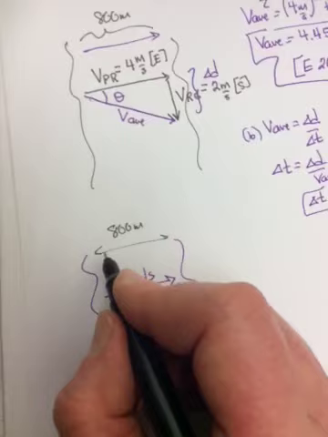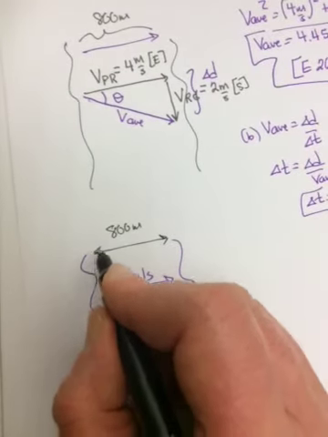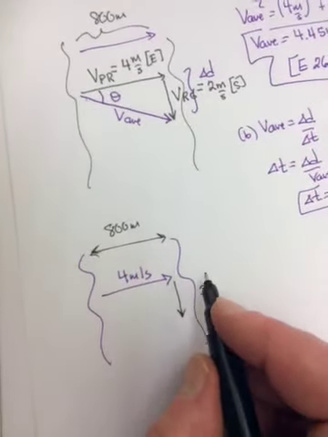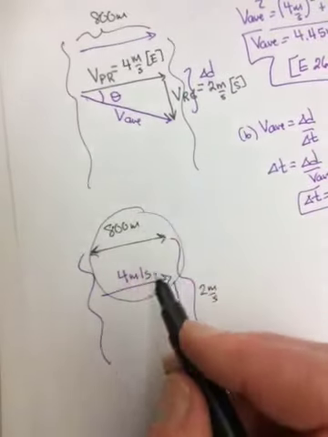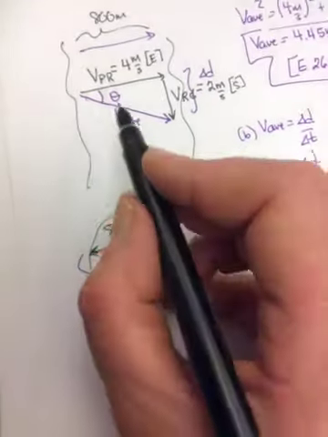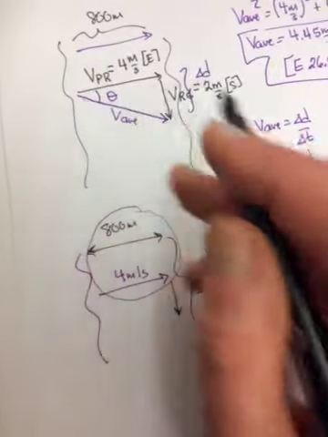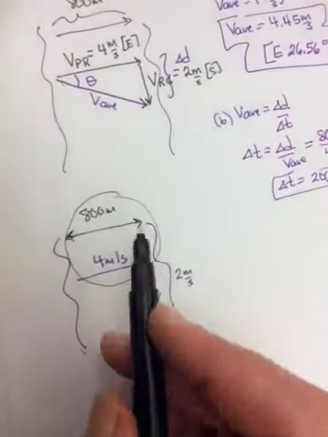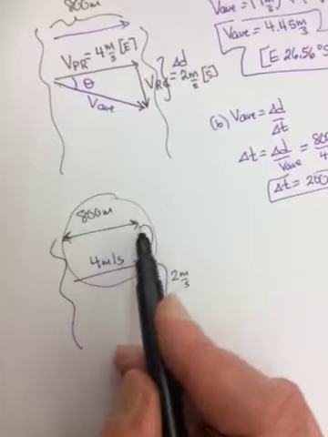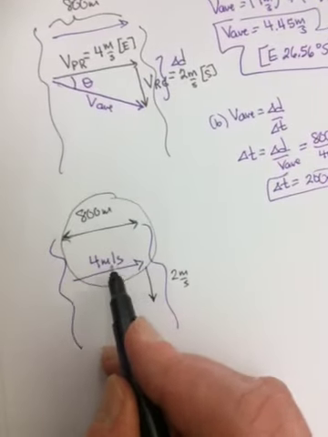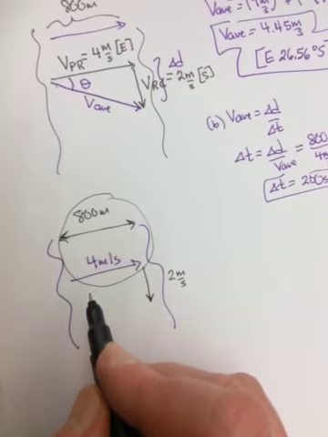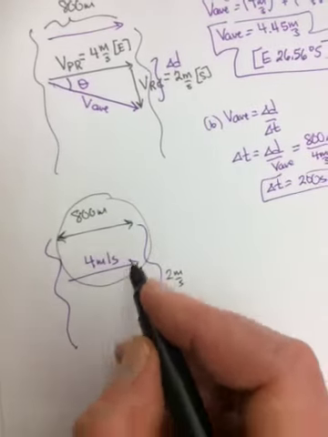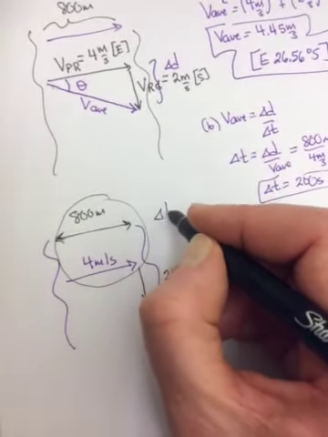The length of time that it's going to take you to cross the river that's 800 meters wide is just dependent upon the component of your velocity that's going across. So even though your velocity ends up being bigger and at an angle, if we're looking at the distance across, you have to use the component of your velocity vector that's going across.